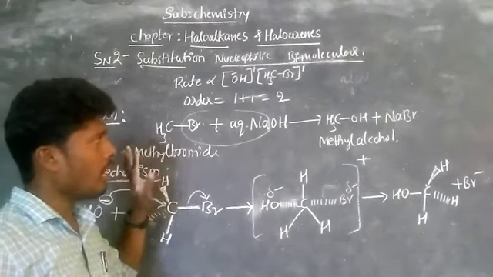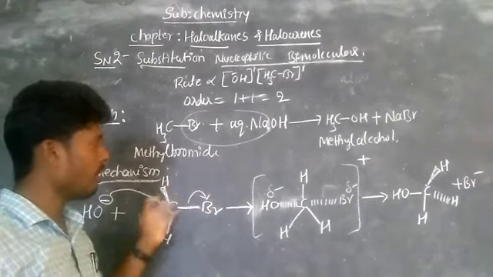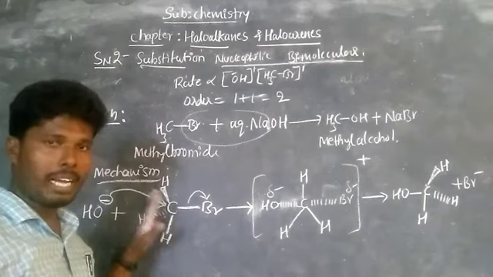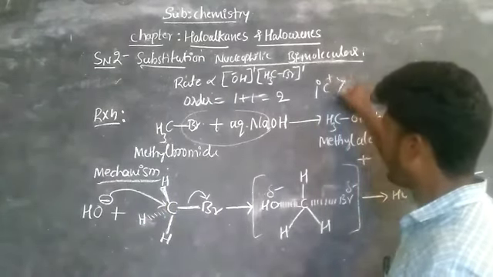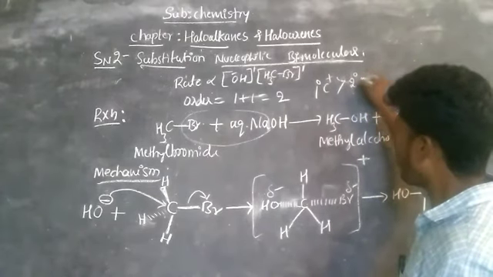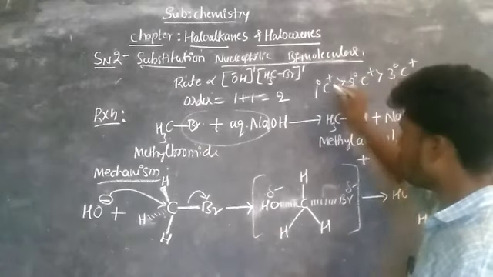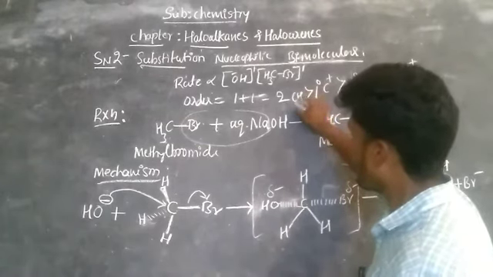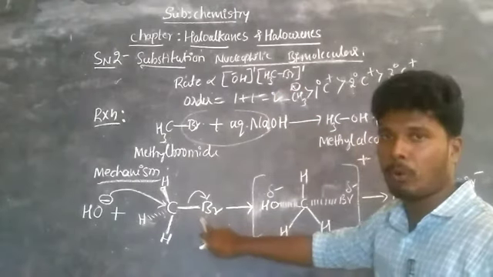Hence the order of occurring SN2 reaction is: primary is more reactive, then secondary, and tertiary is the least reactive. Before that, the methyl carbocation is more favored. Hence we are taking methyl bromide here.